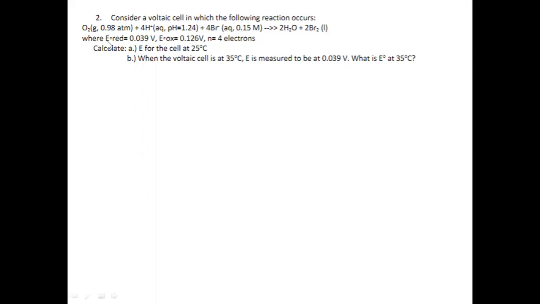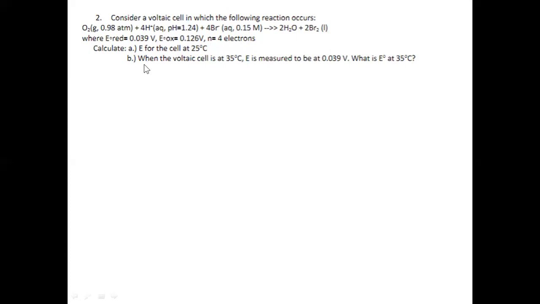Now, additionally, we are given the voltage at the reduction cell as 0.039 volts. The voltage of the oxidation cell is 0.126 volts with the number of 4 moles of electrons. For letter A, we're going to calculate E, or the cell voltage, at 25 degrees Celsius.